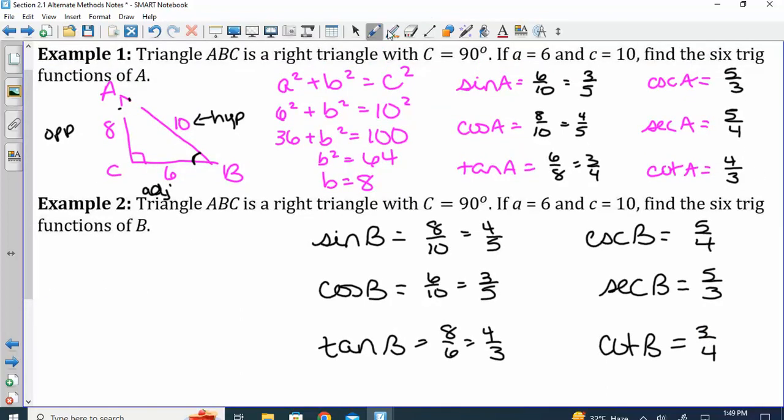Now compare the two. So sine of A, what did that equal?